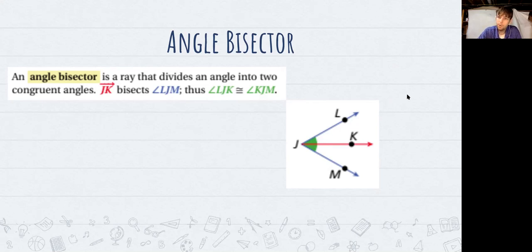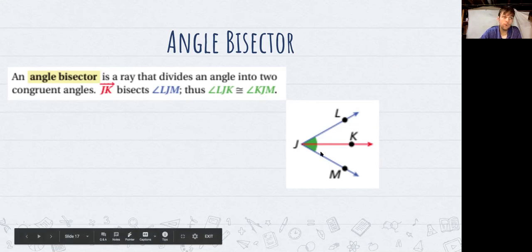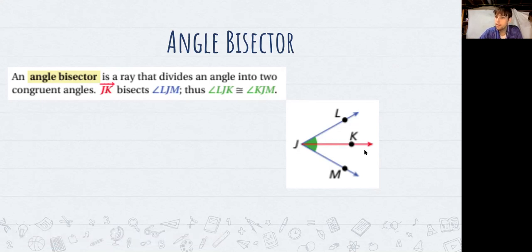And just like midpoint, angle bisectors let us set up different types of equations. Equations that aren't necessarily based on the angle addition postulate, but with the relationship of these halves are equal, or this half is half of the whole, or the whole is double the halves.